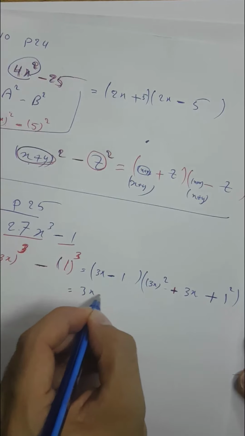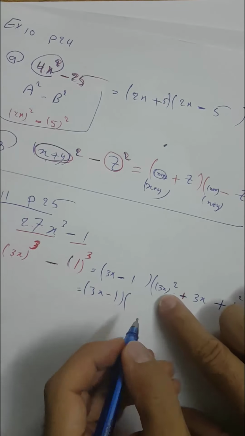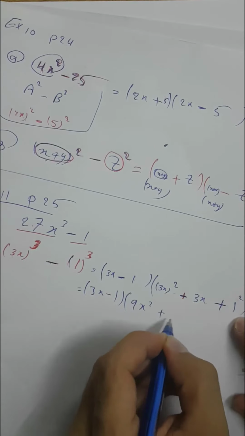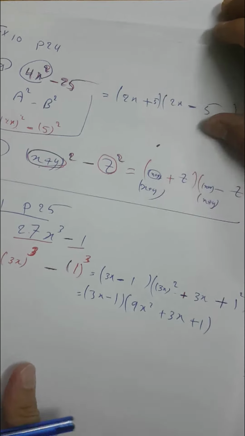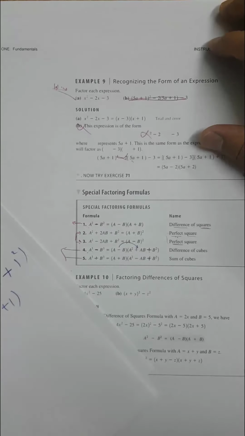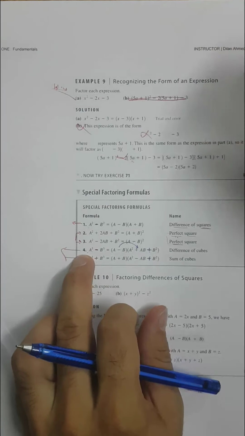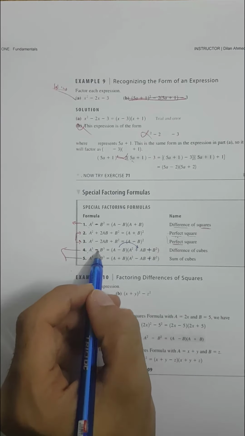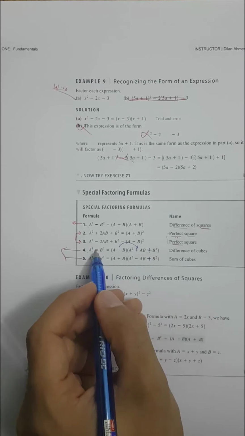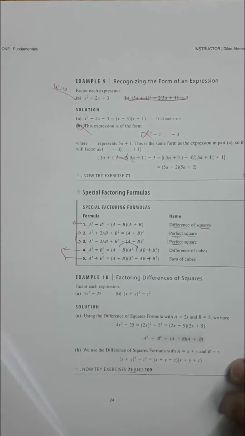It is equal to 3x minus 1, 9x squared plus 3x plus 1. That's all that I have. Why? Because I applied the fourth or fifth formula, with a difference between two cubes.